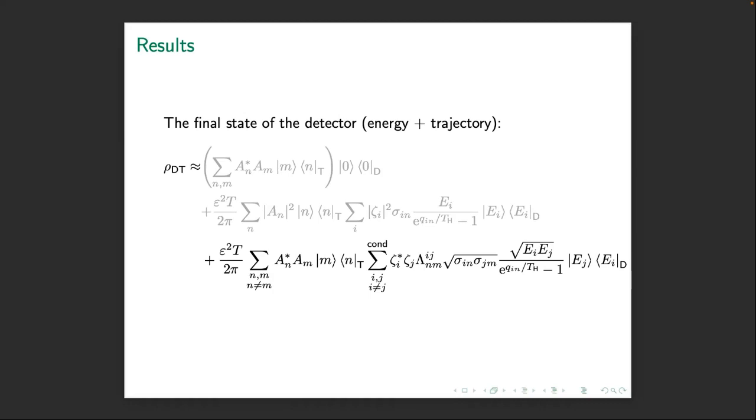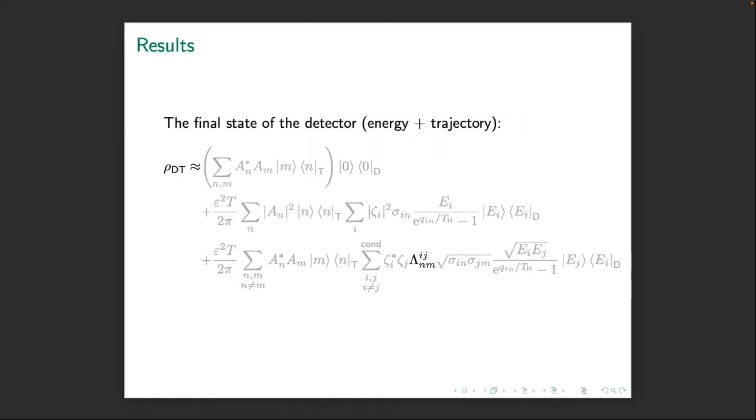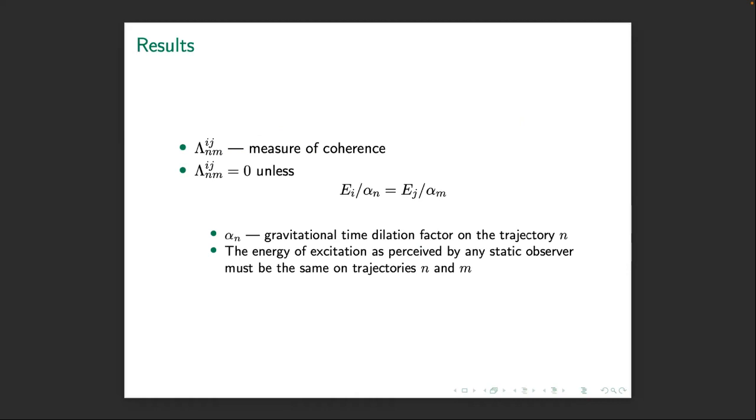In particular, we will be focused on the coefficient lambda, which we will treat as a measure of the coherence. We managed to find the exact formula for the coefficient lambda. I will not bring it up here since it is quite complicated.